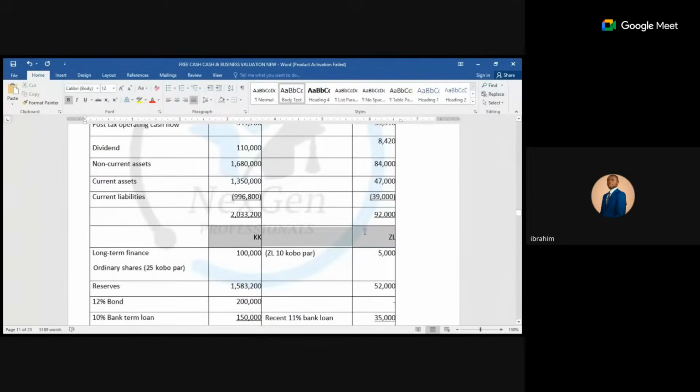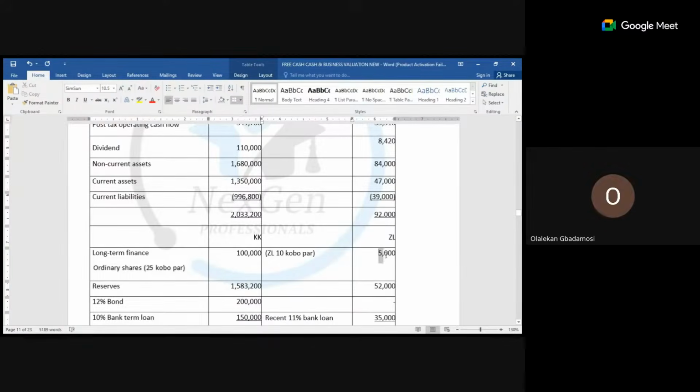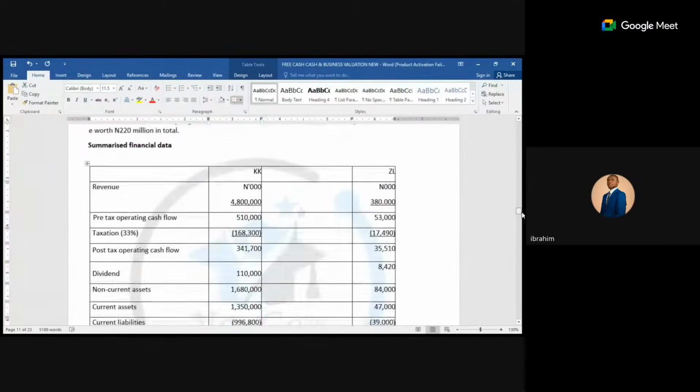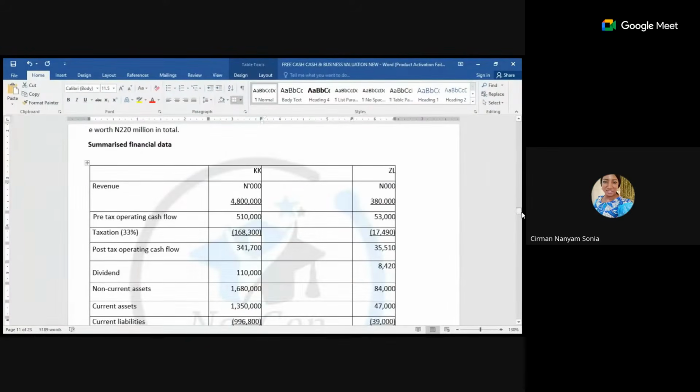What will be the number of shares? How many? 20,000?